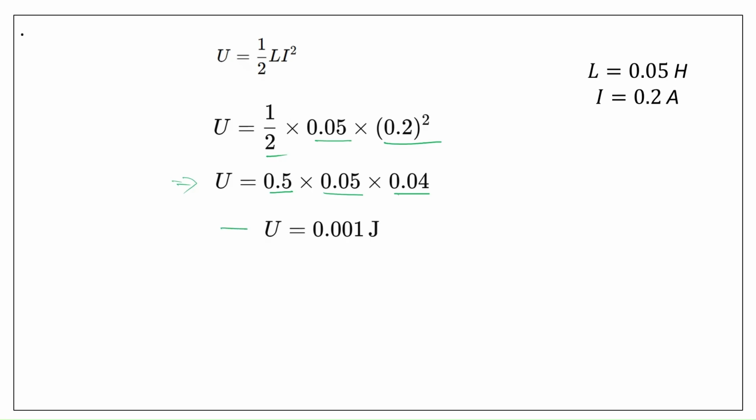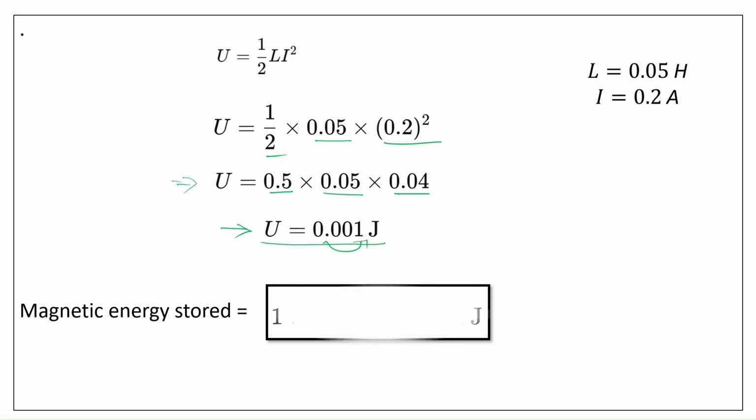On multiplying we get U is equal to 0.001 joule. Therefore, magnetic energy stored is 0.001 joule. Or we can also write it as 1 into 10 to the power minus 3 joules.